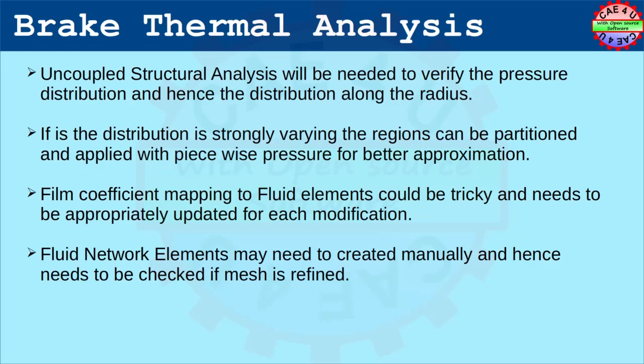However, this can be very well improved with a script which can be built to negate this issue. Finally, the fluid network elements may need to be created manually, and hence they have to be checked continuously as the mesh gets refined.